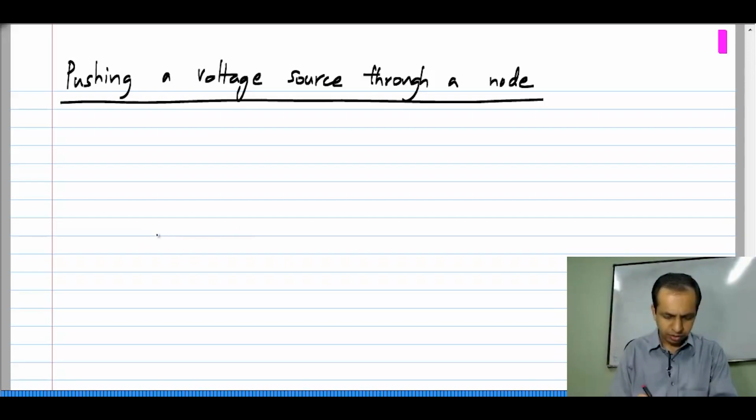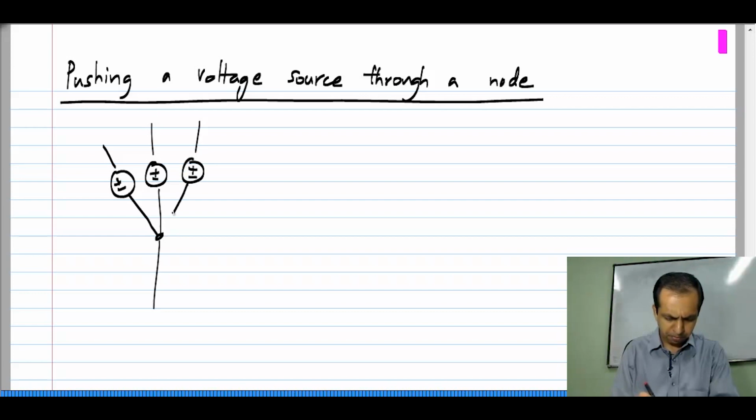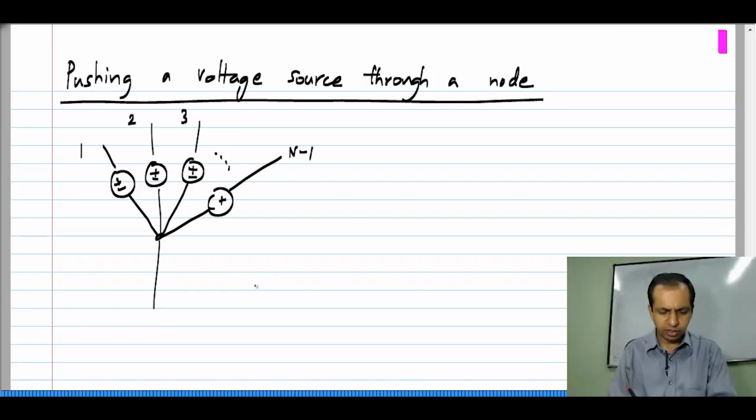Now, consider a node and a number of branches connected to this node. Let us say there are n branches connected to this node, and in n minus 1 of them there are voltage sources with the same polarity.